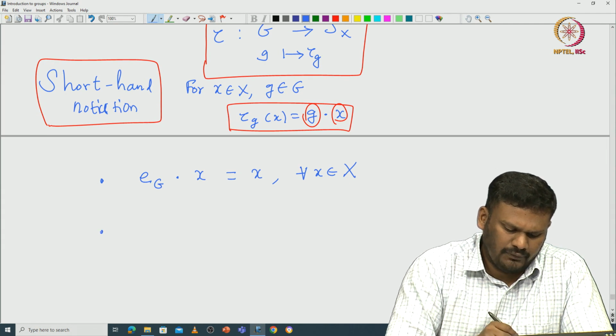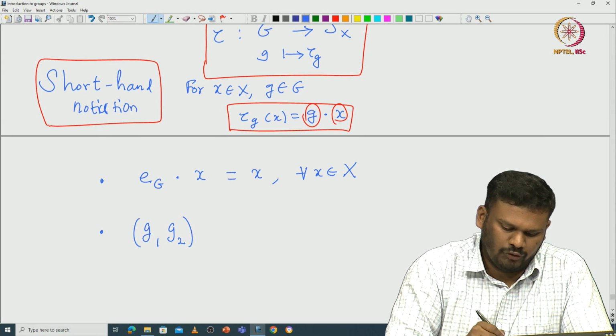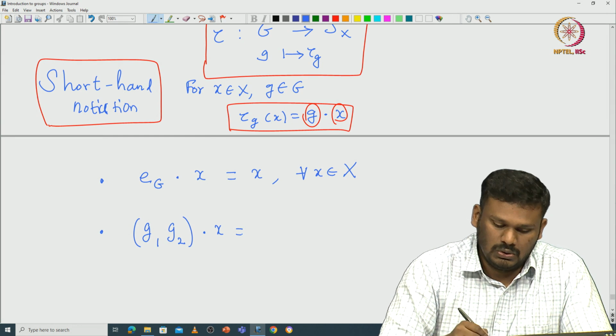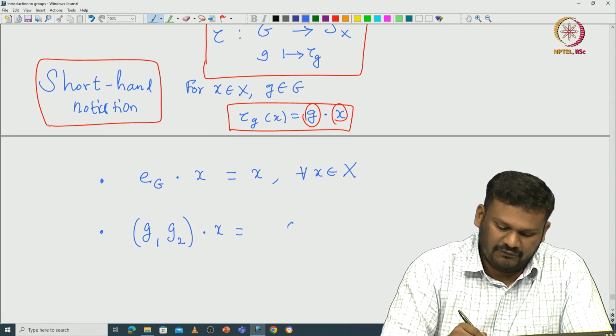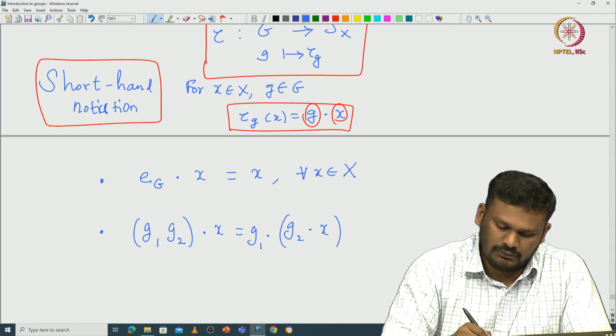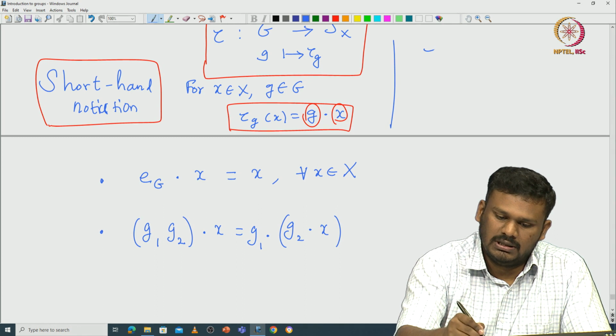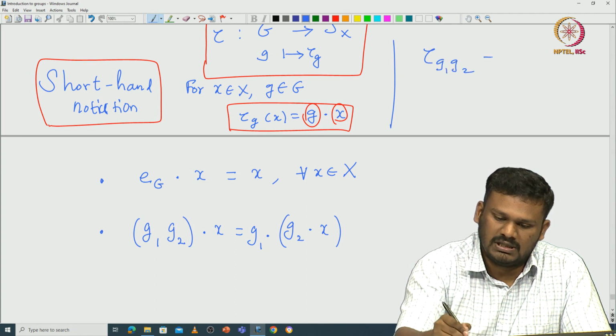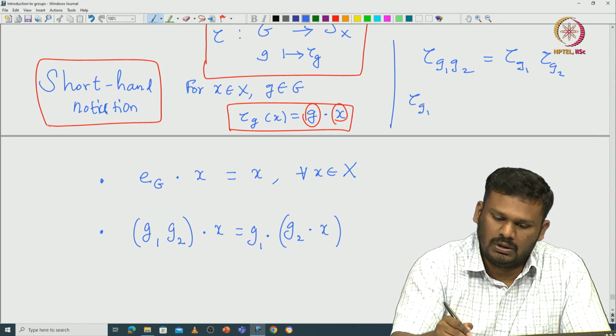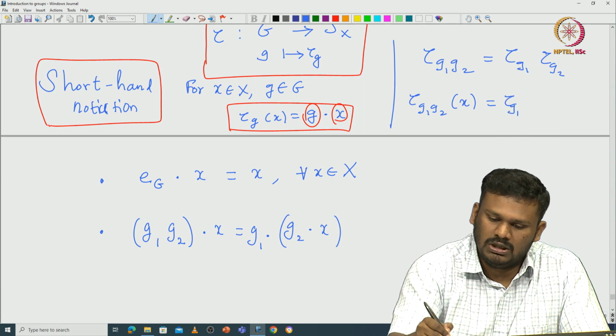Then if you take these two elements g1, g2, and you want to act that on x, you can apply first g2 and then you can apply g1. That is the meaning of tau g1 g2 being the same as tau g1 tau g2. So, what is tau g1 g2 of x? That is supposed to be tau g1 of tau g2 of x.